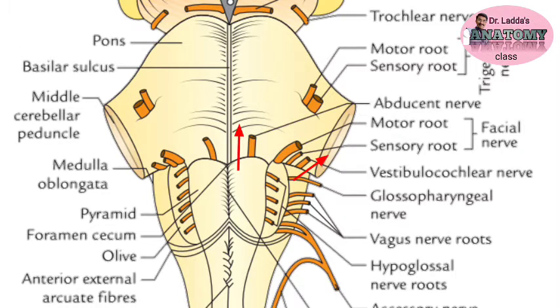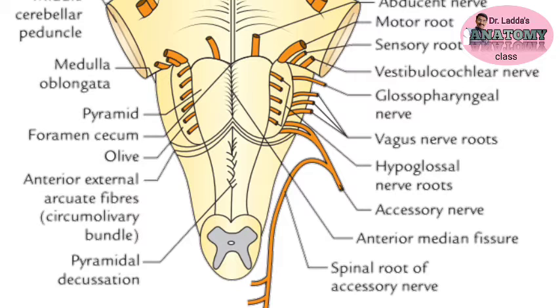These nerves, with the motor and sensory fibers of the facial nerve, abducent nerve and vestibulocochlear nerve, are emerging from the pons, but where? From the junction of the pons and medulla oblongata. These are the anterior external features of the pons. In the same sense, medulla has a central line on the anterior aspect, called the anterior median fissure.